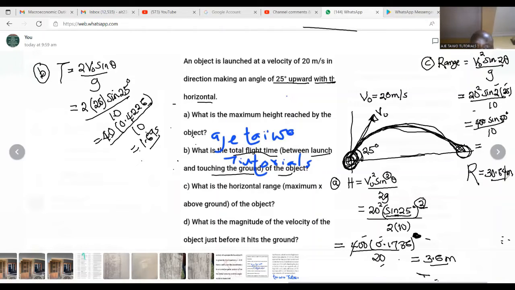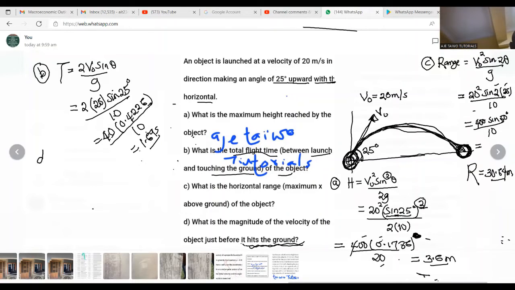Then this says we should find the magnitude of the velocity of the object before it hits the ground. Okay? Now, before it hits the ground, what is the value of this velocity just before it hits the ground? Now, you're going to find Vx and Vy.